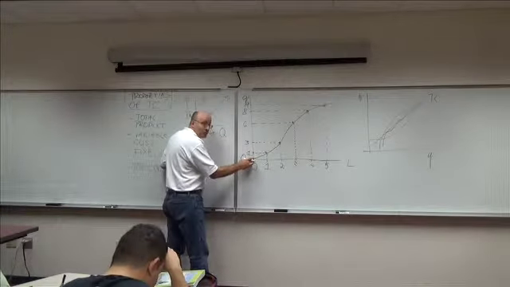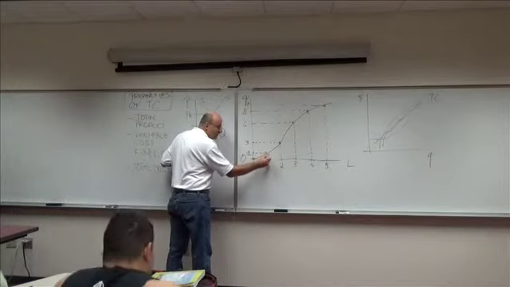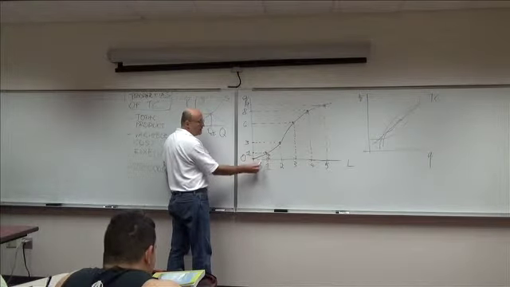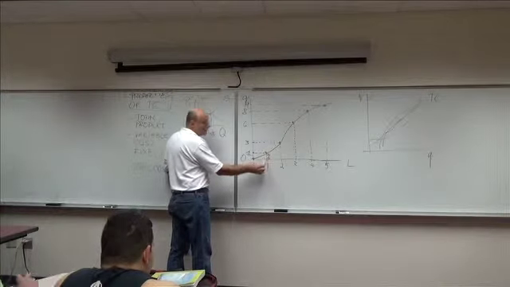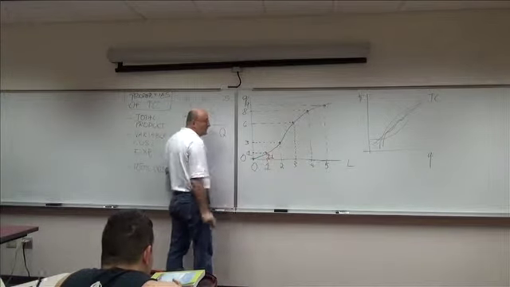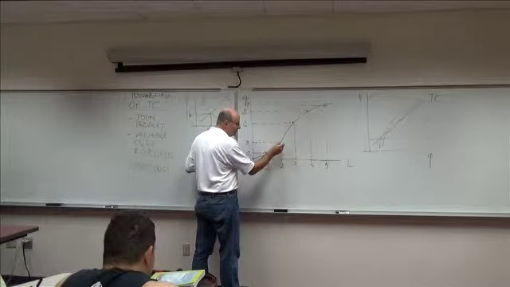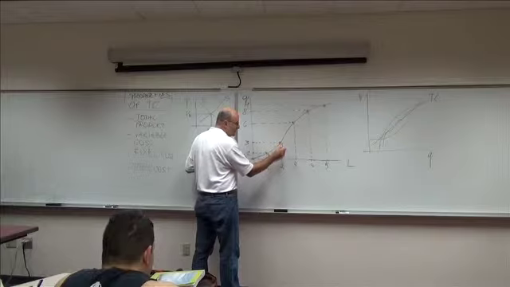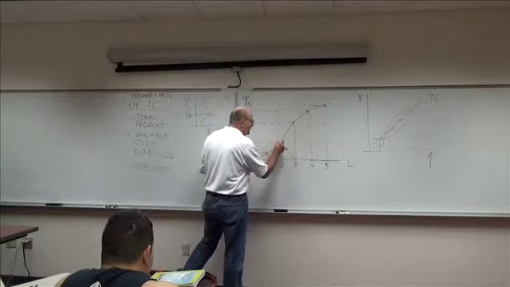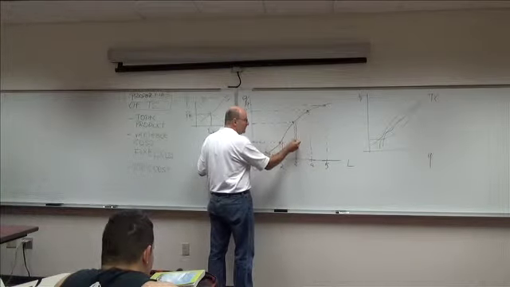How much does output increase when you hire the first person? It goes from 0 to 1 piano a day. It increases by 1. How much does output increase when you hire the second person? It increases by 2 pianos.